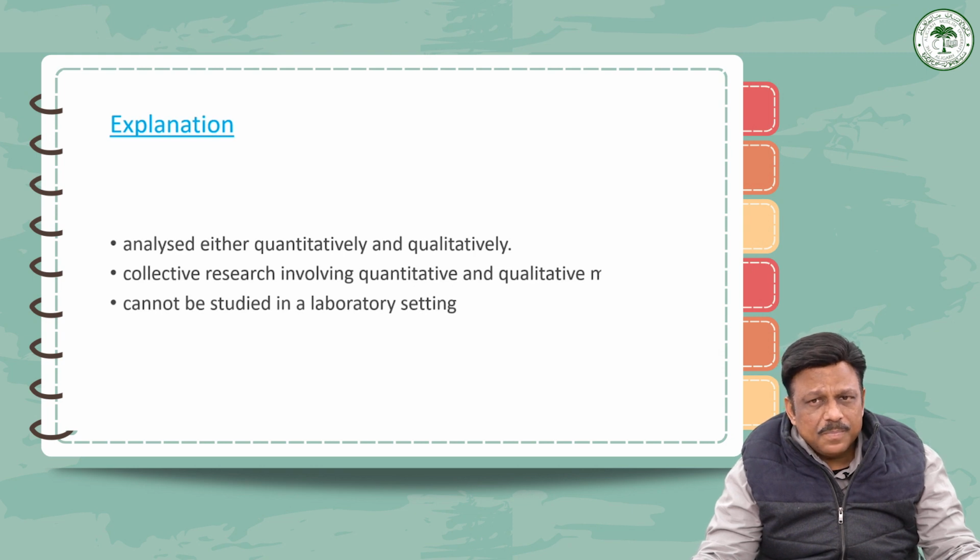Using this, the researcher can answer empirical questions which have to be clearly defined and answerable with the findings he has got. The type of research design used will vary from one field to another. Many of them might choose to do a collective research involving quantitative and qualitative methods to better answer questions which cannot be studied in a laboratory setting.